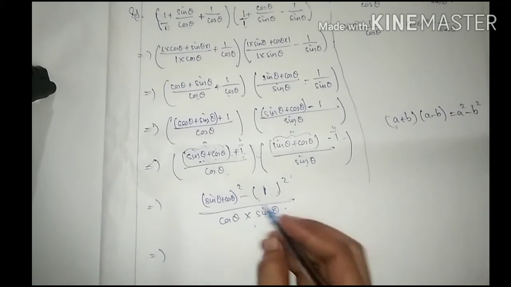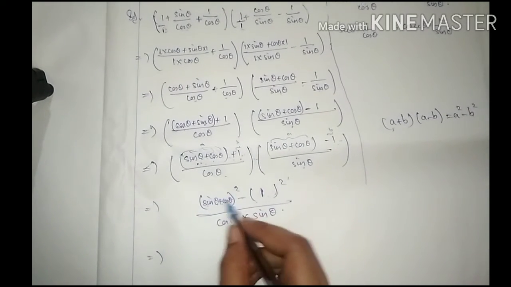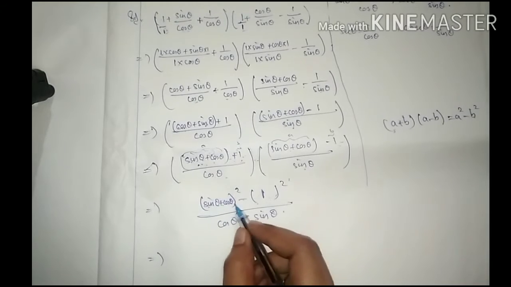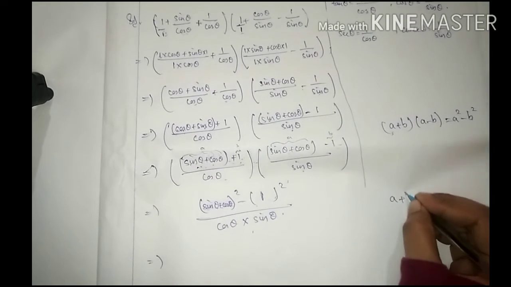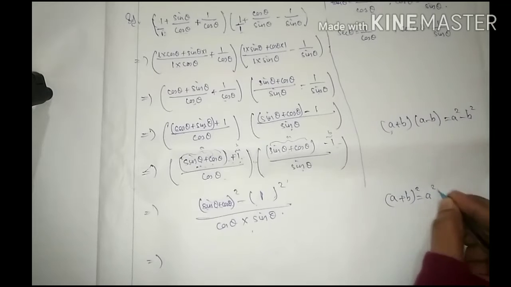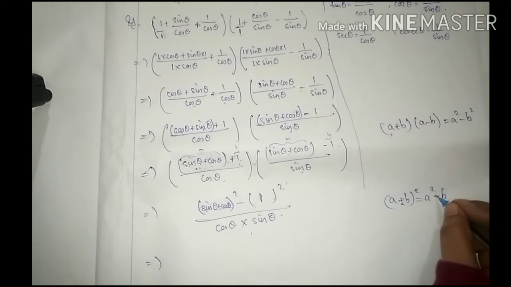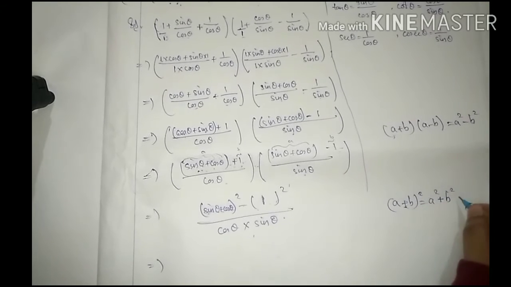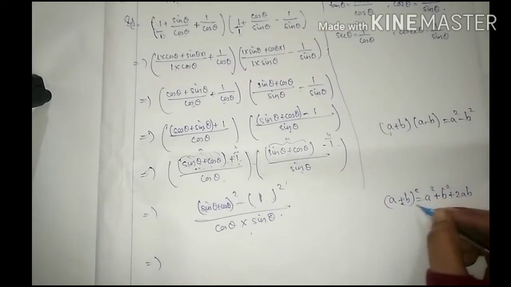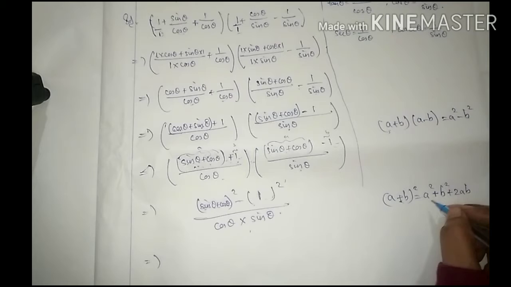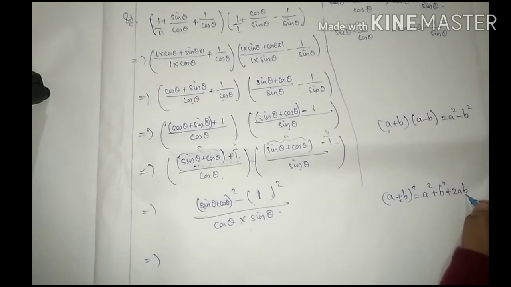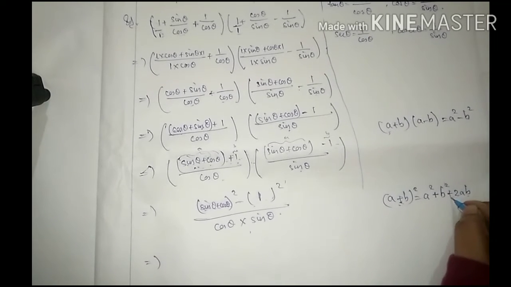So here A plus B whole square again we can use. Here in this bracket two terms are there, so again we are using the A plus B whole square formula: A square plus B square plus 2AB. If minus is there, A minus B whole square, you can use A square plus B square minus 2AB. Here plus is there, so before 2AB plus sign.